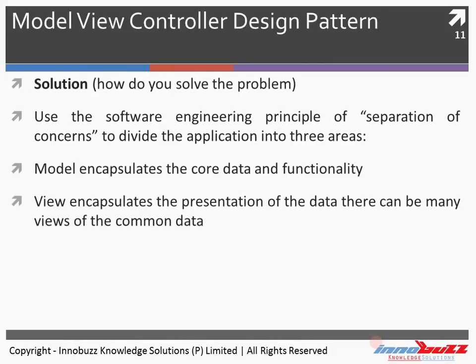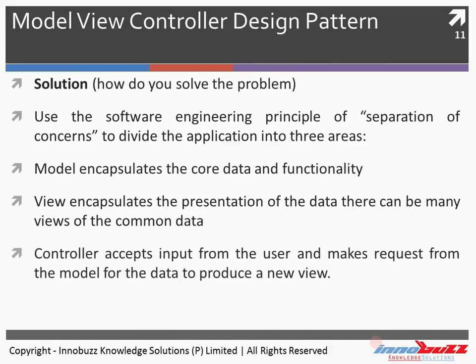The view encapsulates the presentation of the data. There can be many views of the common data. And the controller accepts input from the user and makes requests from the model for the data to produce a new view. For example, this is used in Struts and the Spring MVC framework and many more.